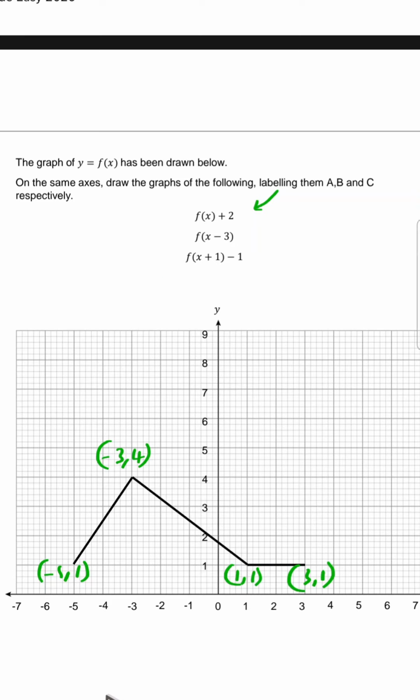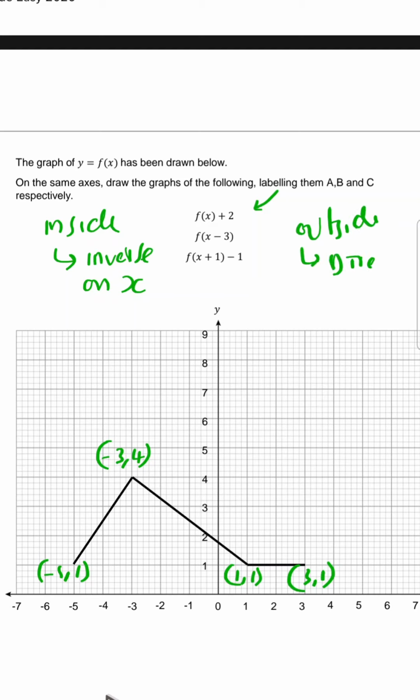We said inside, inverse on x, and outside, direct on y. So this is outside, so it's direct on y.